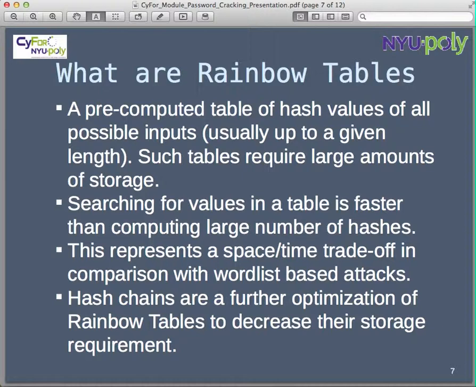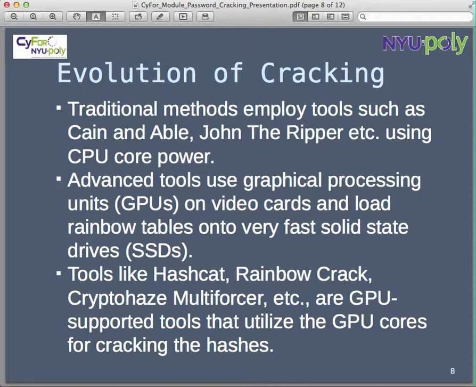So depending upon the resources you have, you can choose one strategy or another. Also, rainbow tables use a concept known as hash chains to further optimize the storage requirement. Once again, I would encourage you to go and learn more about hash chains.